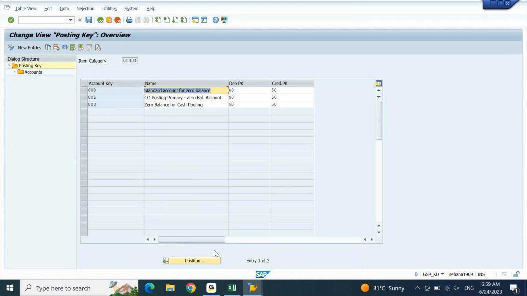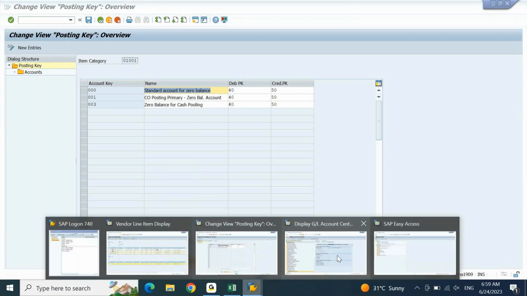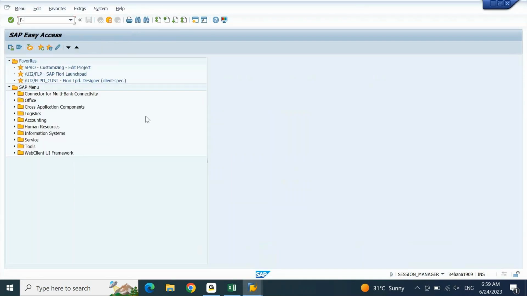Yes, sir. So when we are selecting the invoice, your profit center should be supplemented from the invoice document to the profit center and also to the balance amount. Okay, that should happen. Let me show you again.